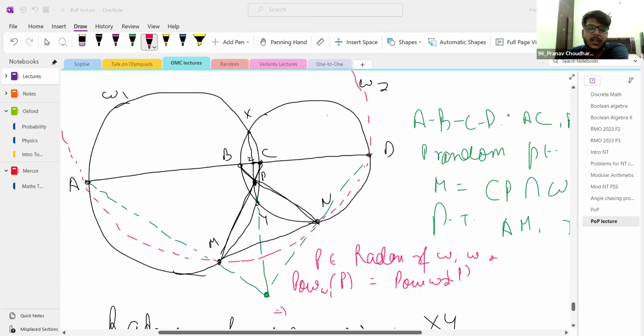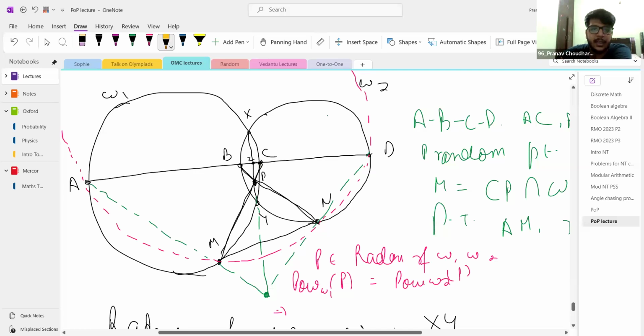Give me a second. Okay, yeah, ZPMA is cyclic. But I don't see a way to involve Z. Z is as good as line XY. So yeah, now since ZPMA is cyclic, ZPND is cyclic.